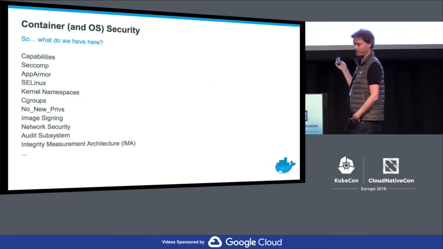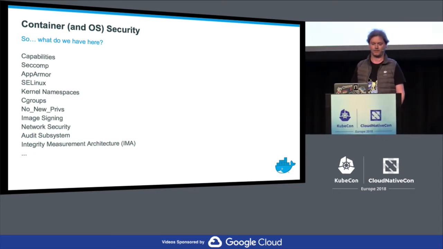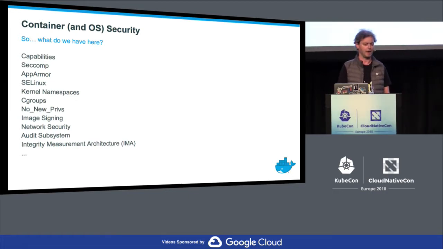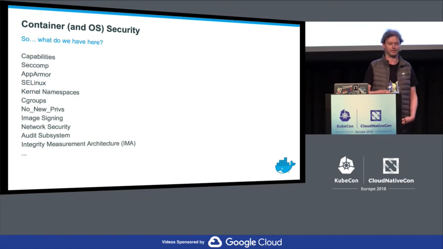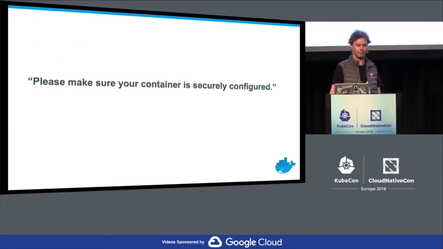You have all these different security controls in containers, and you may have come across them in the documentation, and maybe you understand what one or two of them do, but it takes a lot of effort to actually understand in detail what they all are.